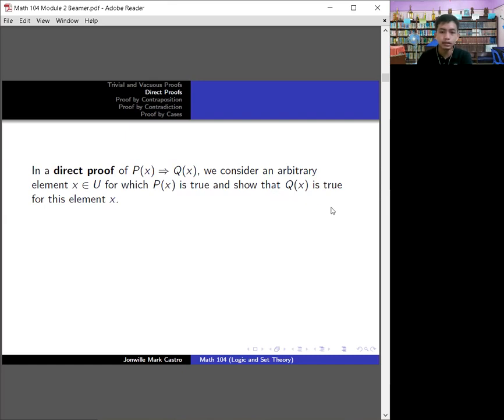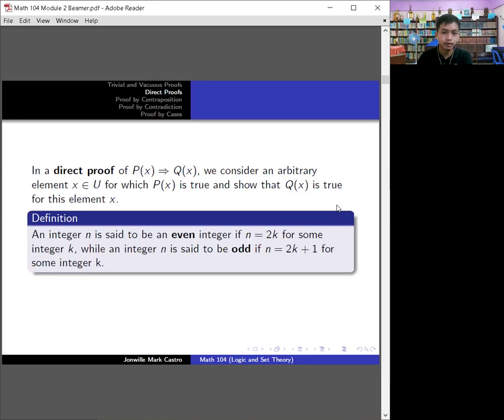So para ma-illustrate natin to, meron tayong definition. An integer n is said to be an even integer if n equals 2k for some integer k, while an integer m is said to be odd if m equals 2k plus 1 for some integer k. So, definition lang yan. So sinasabi niya, for example, meron tayong 4.